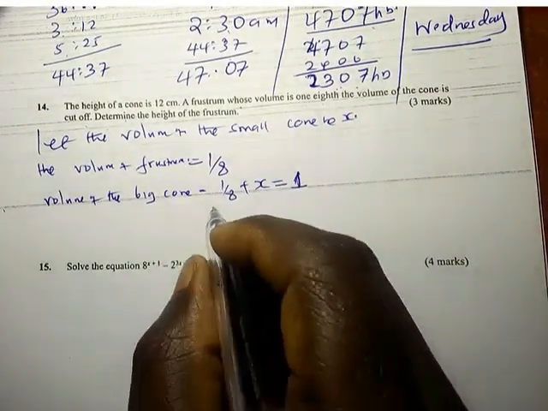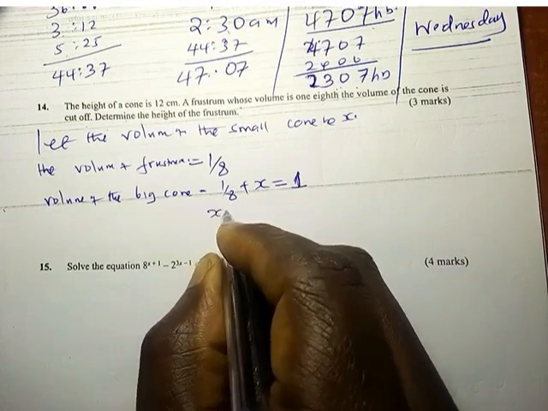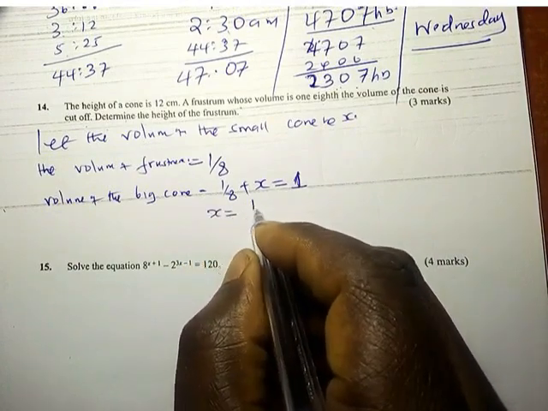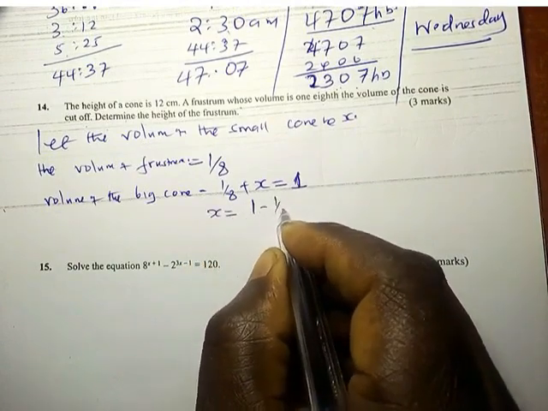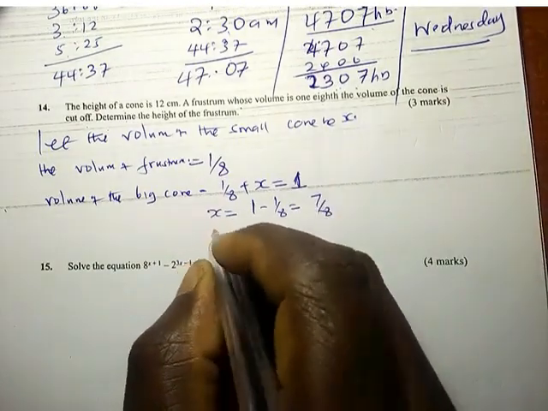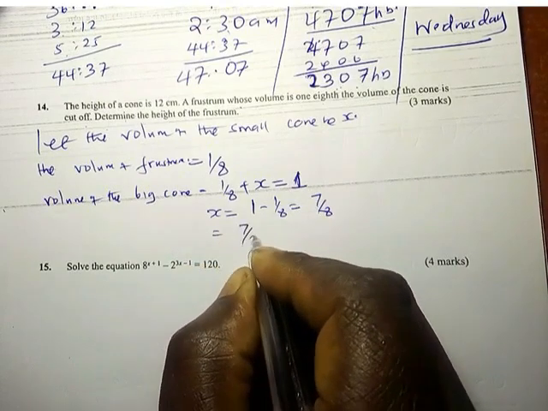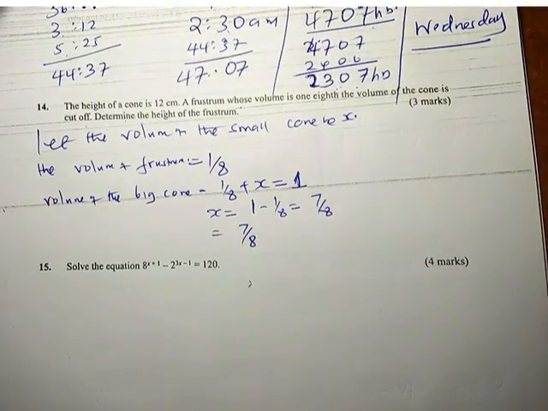So x is equal to 1 minus 1/8, and that one is 7/8. So the volume of the small cone is equal to 7/8 of the volume of the big cone.